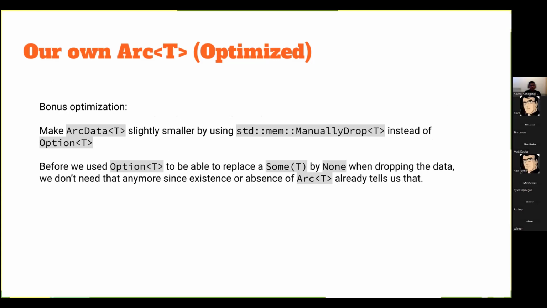So the bonus optimization here is this. Previously we were using UnsafeCell to store the Arc data pointer in the Weak struct itself.